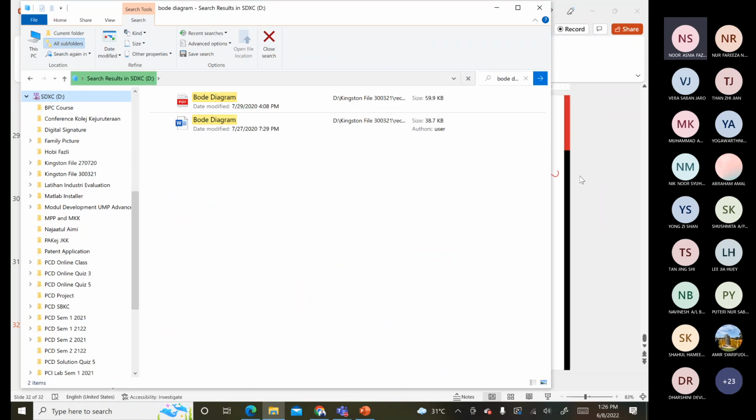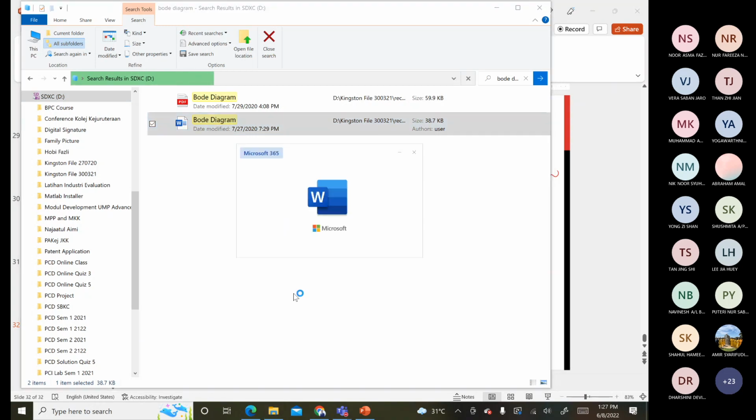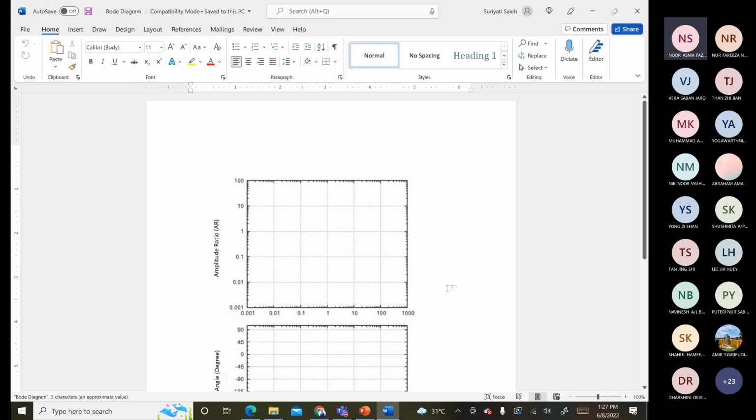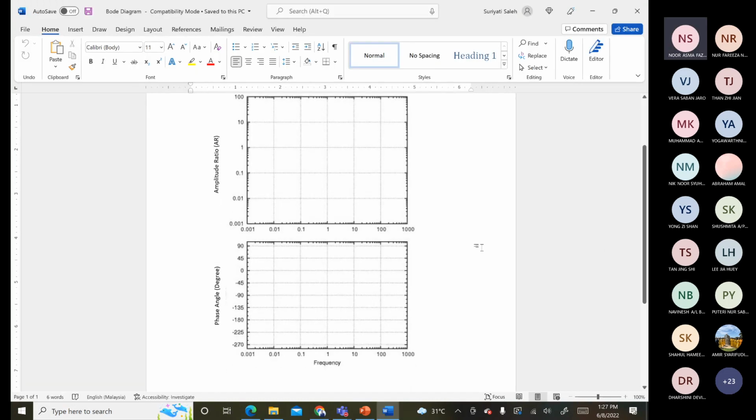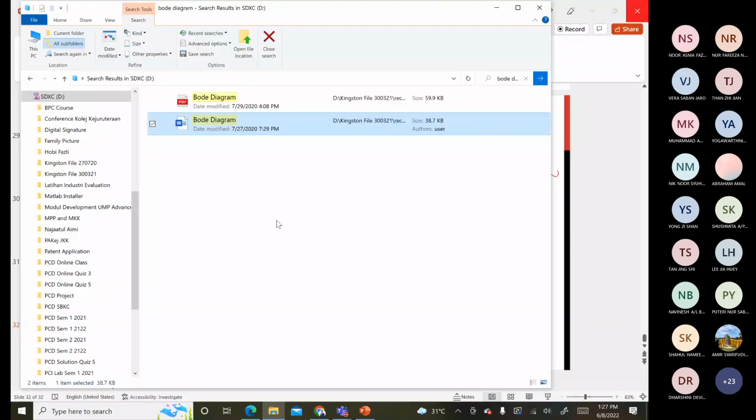All right, here is the Bode diagram. This one I will share with you, and this one also will be used in the final examination.